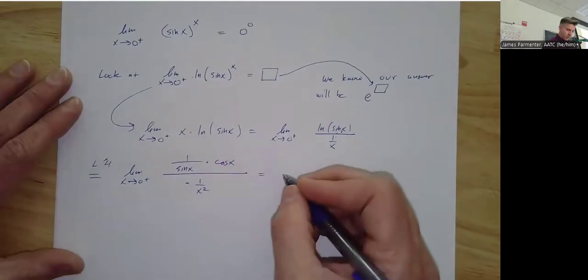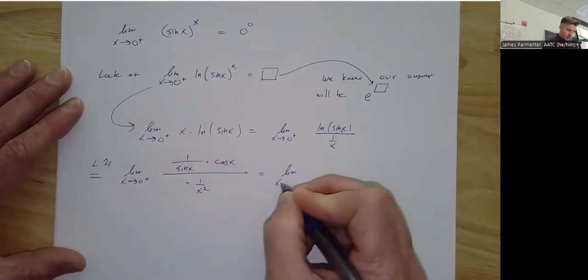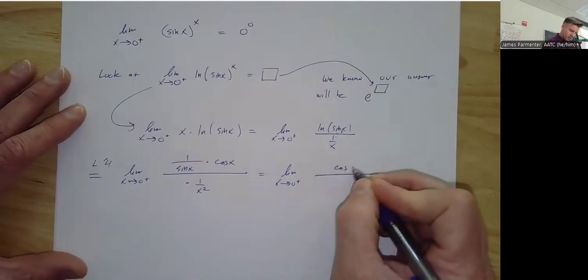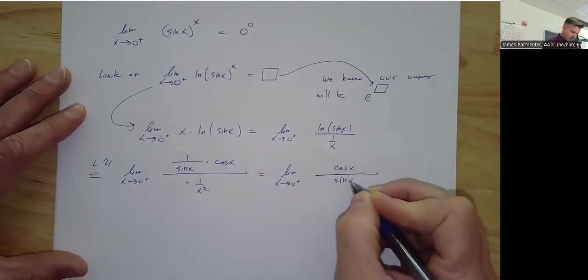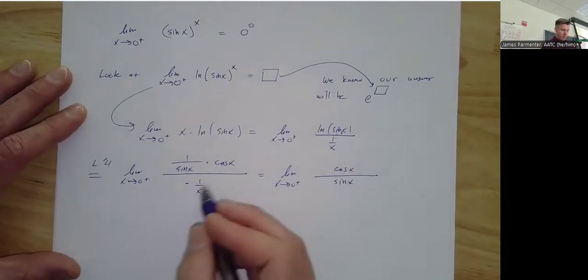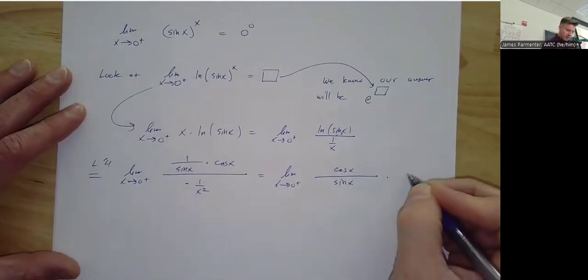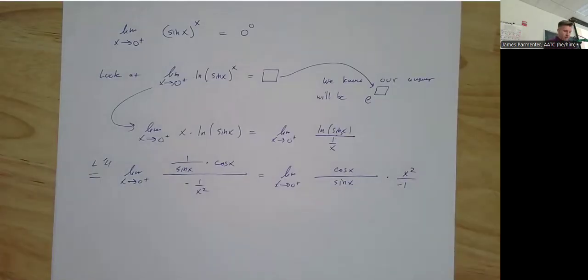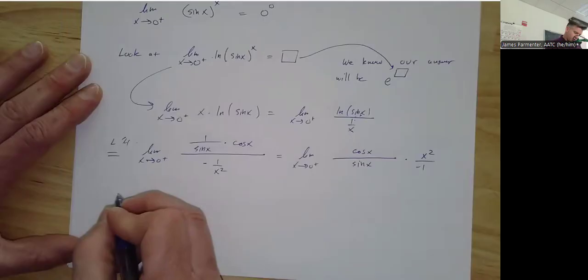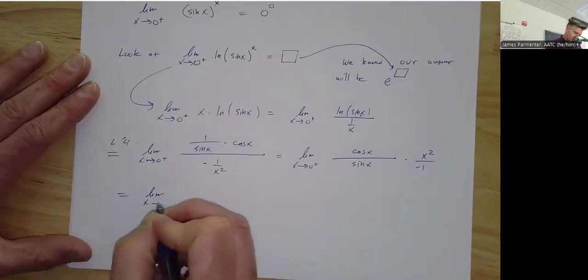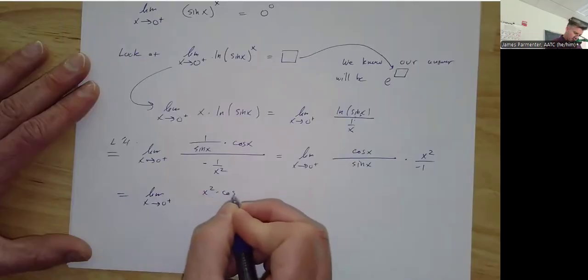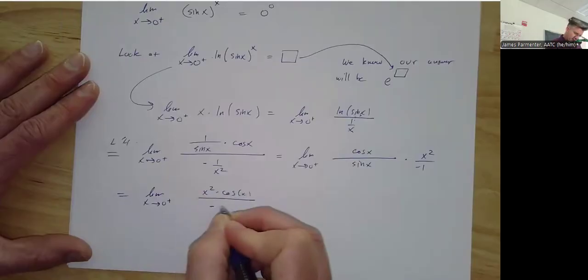So I could write this as the limit as x goes to 0 from the right of cosine x over sine x, and then instead of dividing by 1 over x squared, I'm going to multiply by x squared over -1. I don't really care where the negative goes. I should have just written this as one fraction: the limit as x goes to 0 from the right of x squared times cosine x over negative sine of x.